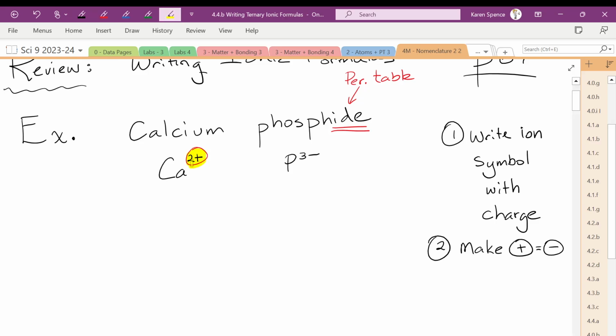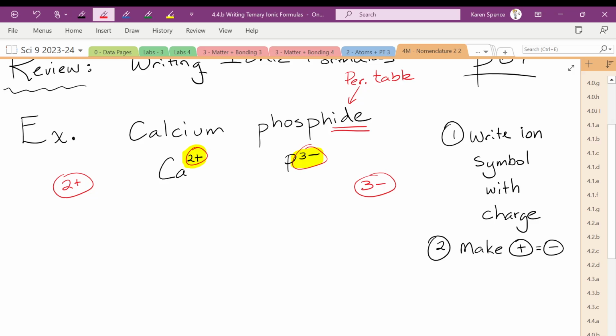What is our positive charge right now? 2 plus. And what is our total negative charge right now? 3 minus. Are those equal? No. Do we need more positives or do we need more negatives?